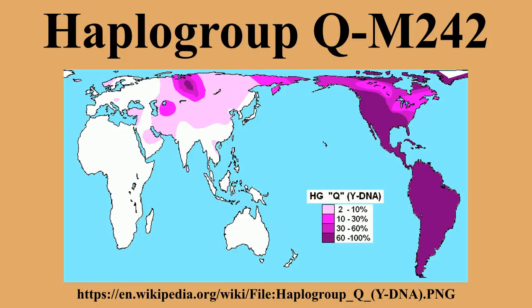In Pakistan, at the eastern end of the Iranian plateau, the frequency of haplogroup Q-M242 is about 2.2% to 3.4%. In a study, Q-M242 is observed in 2.38% of Indian people belonging to different regions and social categories.